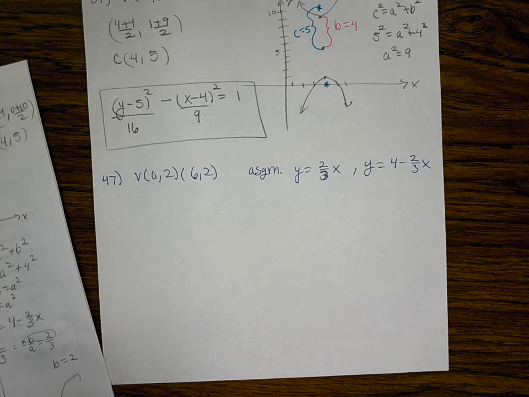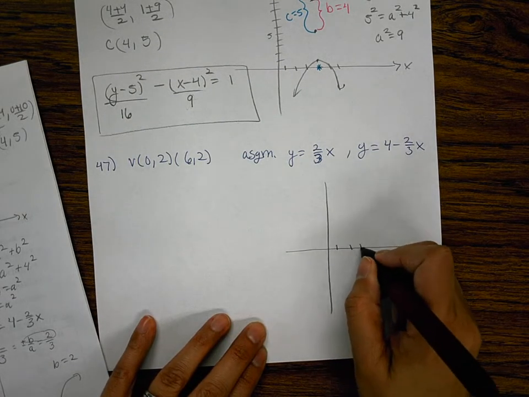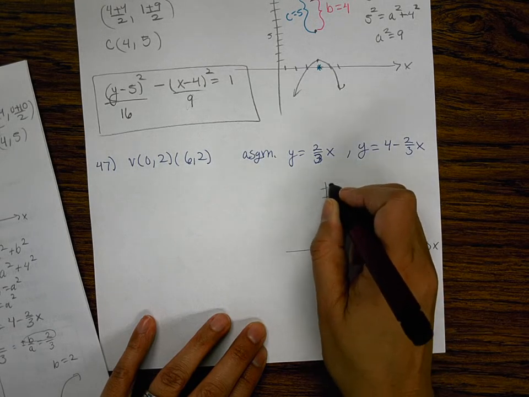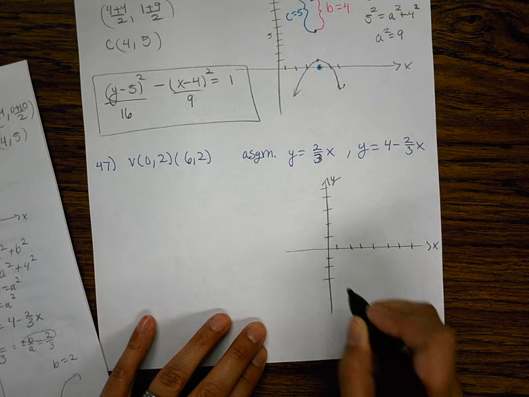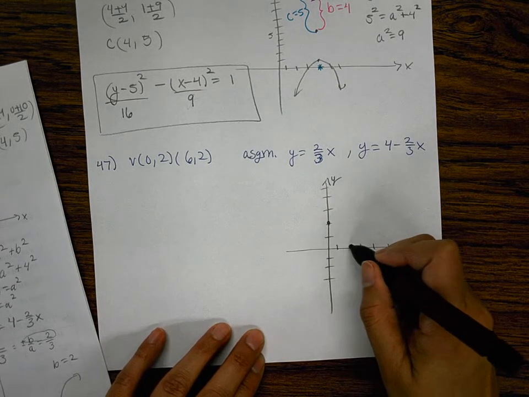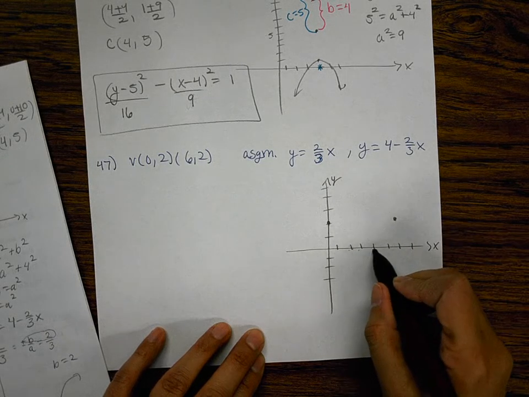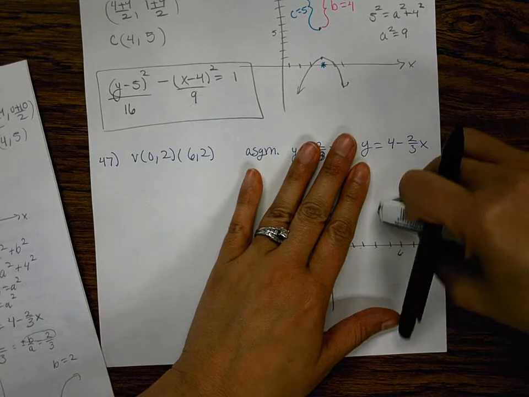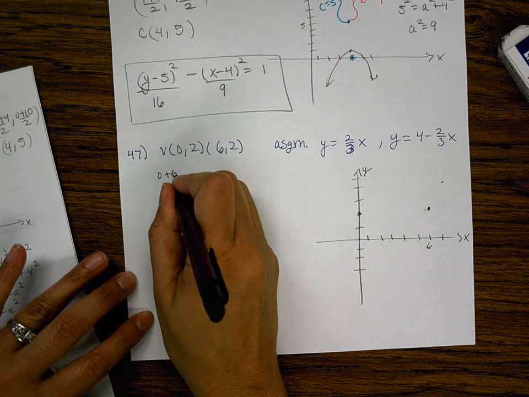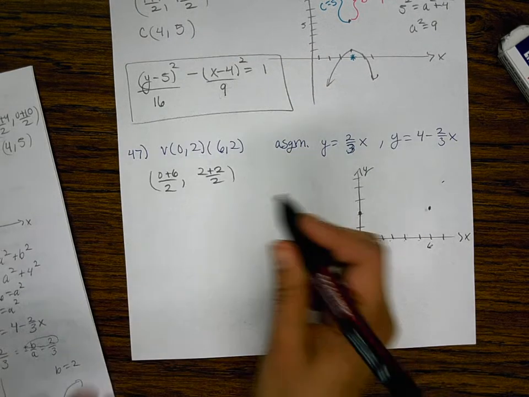Okay, 0, 2 and 6, 2, 1, 2, 3, 4, 5, 6, up 2. And you can count your way to the middle or use the midpoint formula. 0 plus 6 divide by 2, 2 plus 2 divide by 2. You get 3 comma 2 for your center.